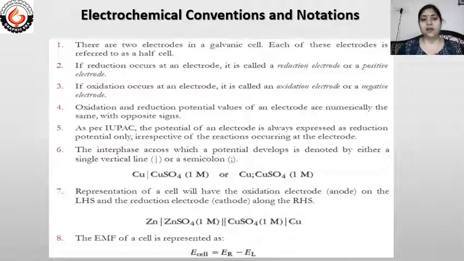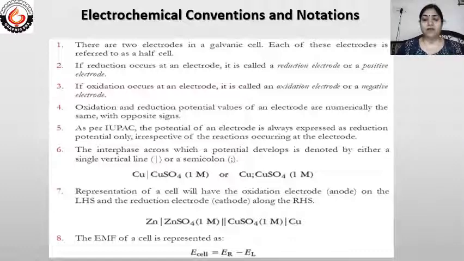Electrochemical conventions and notations. In general, all electrochemical cells have two electrodes. One is known as the anode, another is known as the cathode. These electrodes are dipped in electrolyte solutions, and an electrode with its electrolyte solution is known as a half cell.